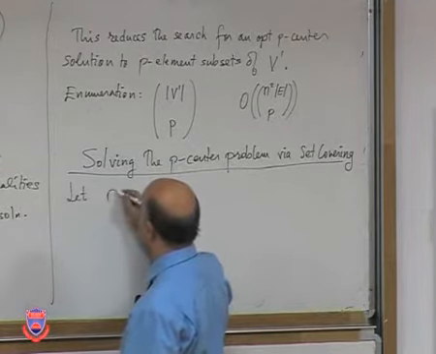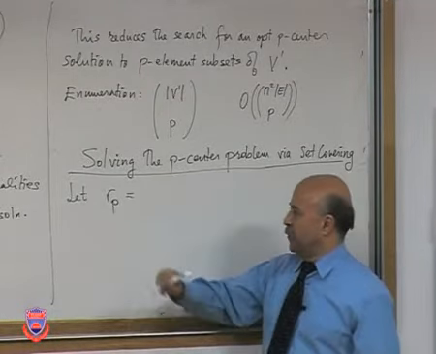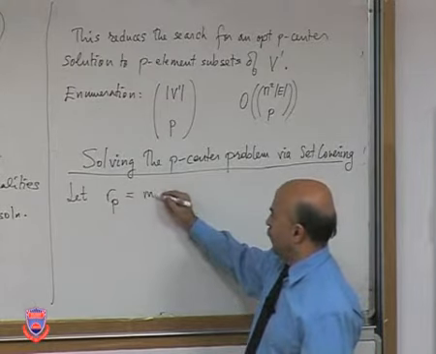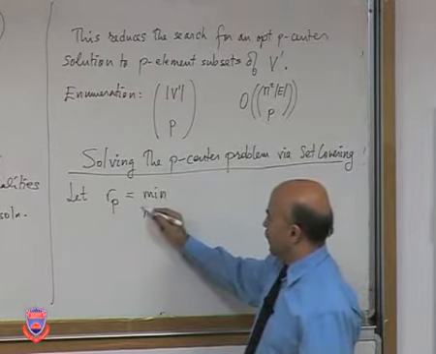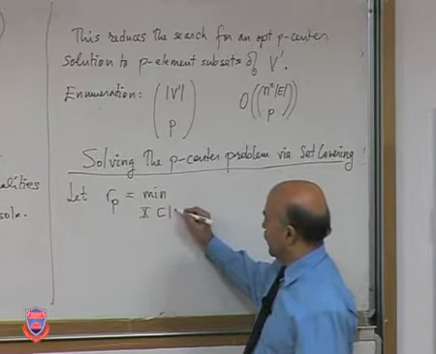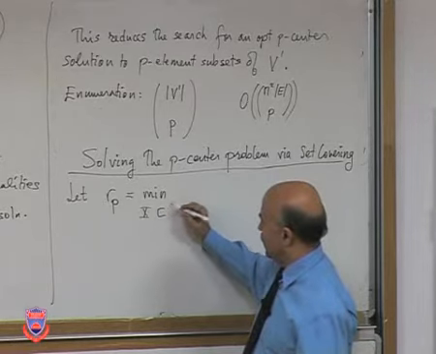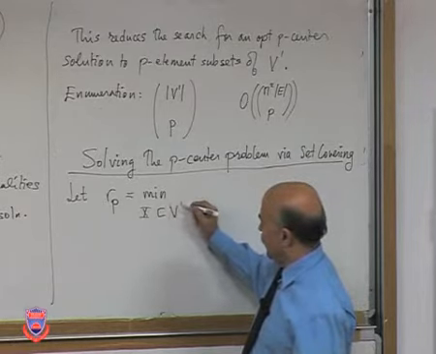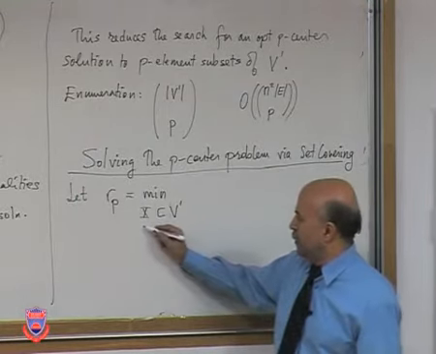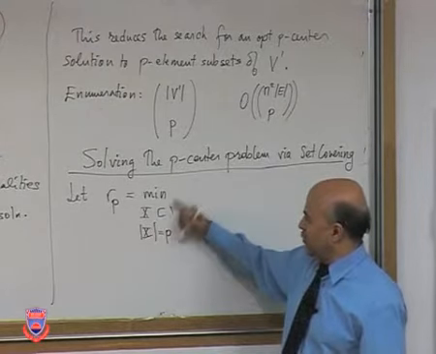So let's first define an optimal value for the P-center solution. For fixed P, let's define Rp to be the minimum objective value of the P-center solution, where X is a subset of V prime. I can do that now without losing optimality, with X being equal to P. Actually, let's not do that.